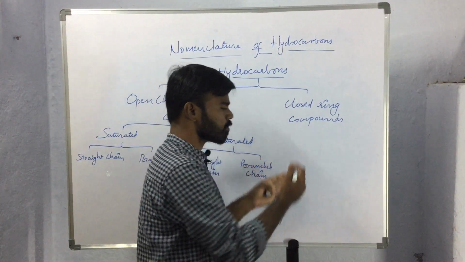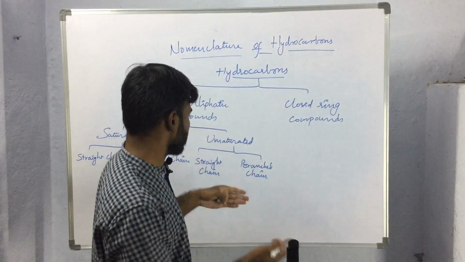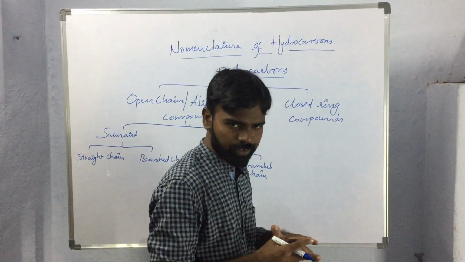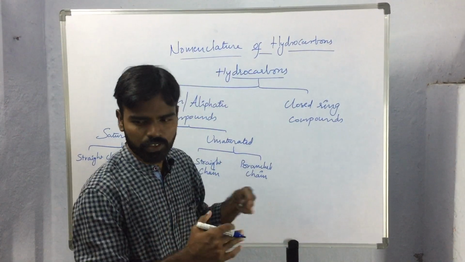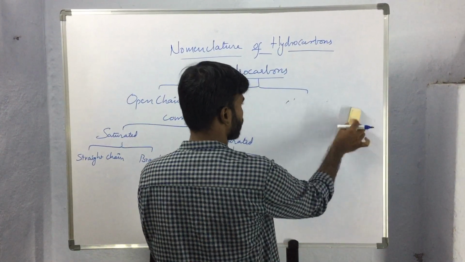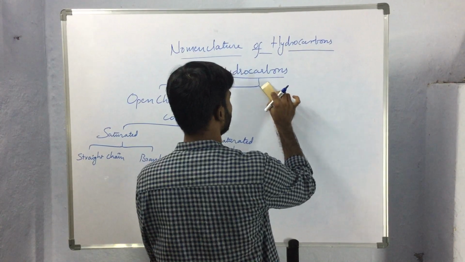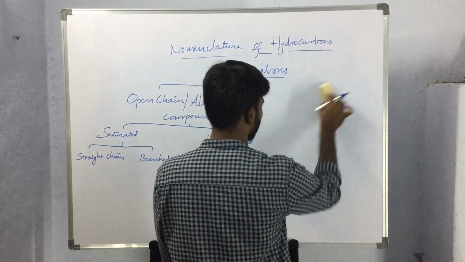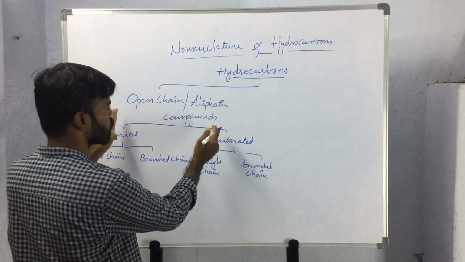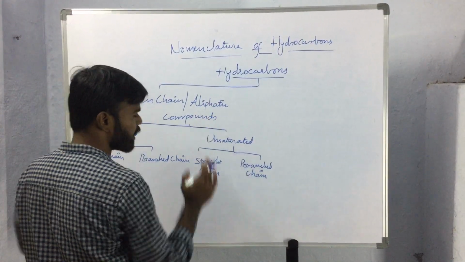So coming to closed ring compounds, these closed ring compounds also, based upon their saturation, and then based upon the type of atoms the ring is made up of, are classified into different categories. So this we will discuss in the coming videos. So first, in the previous videos, we have seen the nomenclature of open chain compounds or aliphatic compounds.